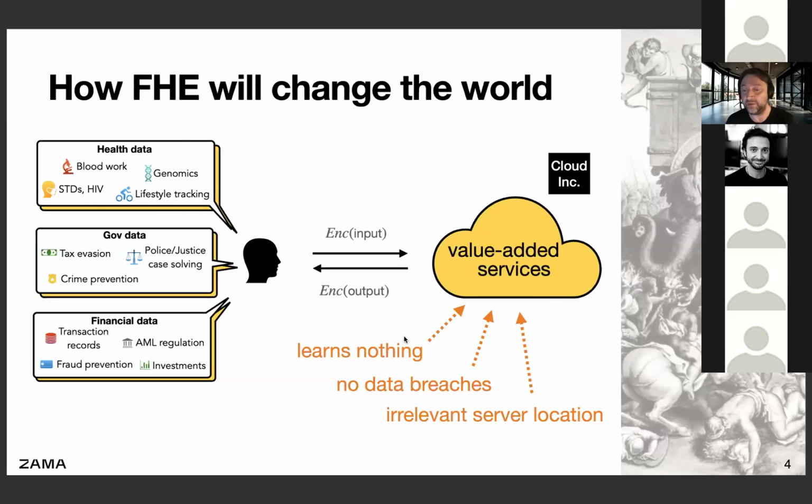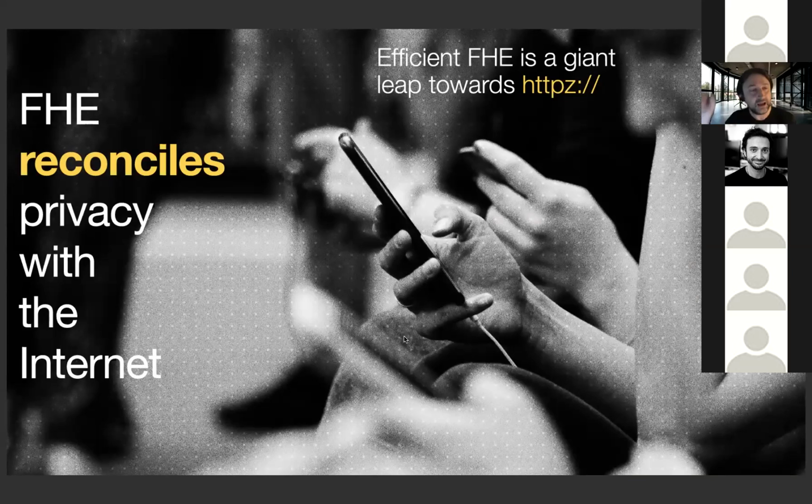And then of course, the consequence of this is that the server location is actually completely irrelevant. So that kind of unlocks the geolocation of servers. So it might be a game changer for a lot of people in the cloud business. And if you think about it, we can use FHE to reconcile privacy with the internet.